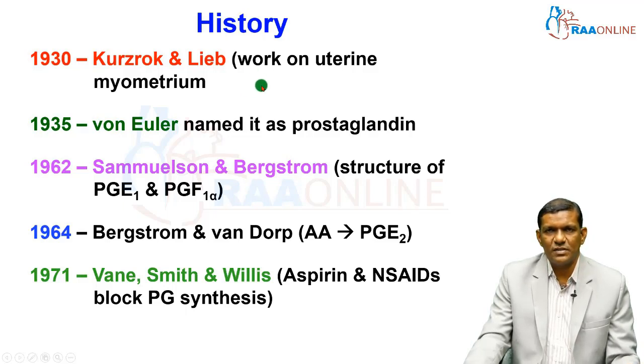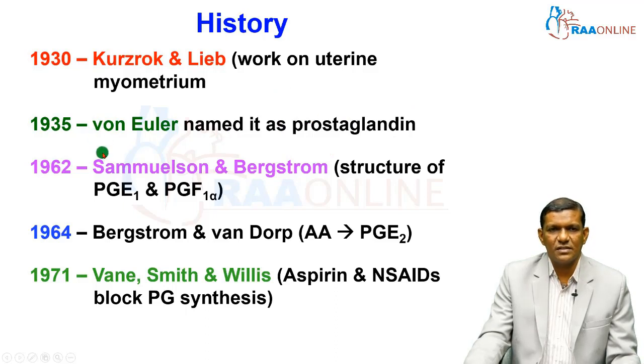Since it was obtained from semen, which they associated with the prostate gland, they named it prostaglandin. Basically it is a misnomer. Based on that discovery, von Euler named this substance prostaglandin in 1935.